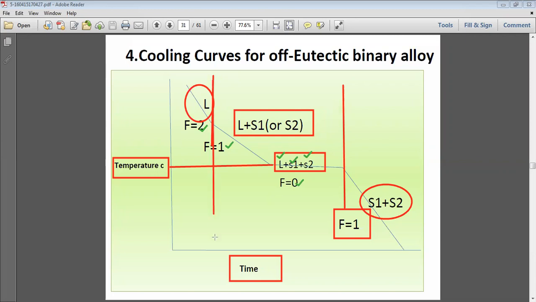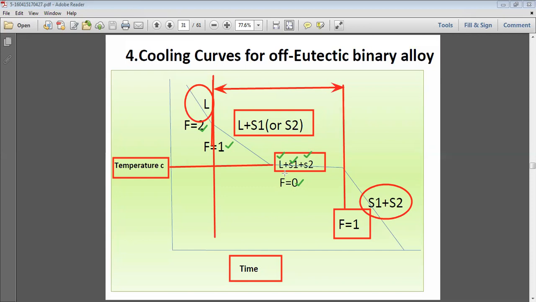In the previous examples, the phase was a single phase, but in this case this phase is being divided into 2 parts. The states for this are liquid plus solid, and again liquid plus solid 1 plus solid 2.